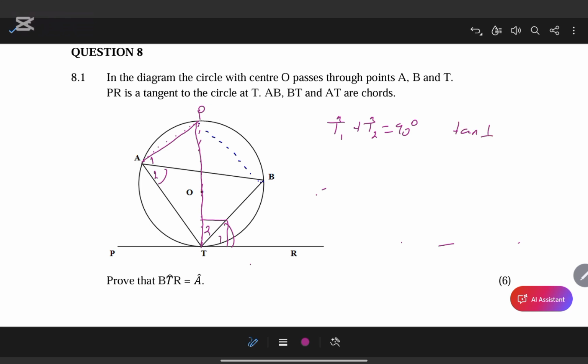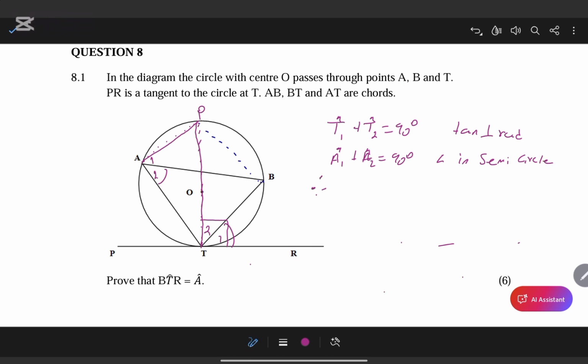Tangent is perpendicular to radius. We usually call that tan perpendicular radius. The next one is angle A1 plus angle A2 is equals to 90 degrees. Now this is angle in a semicircle. This is an angle subtended by the diameter on the circumference of the circle.